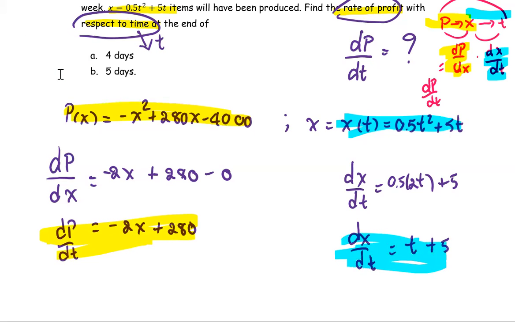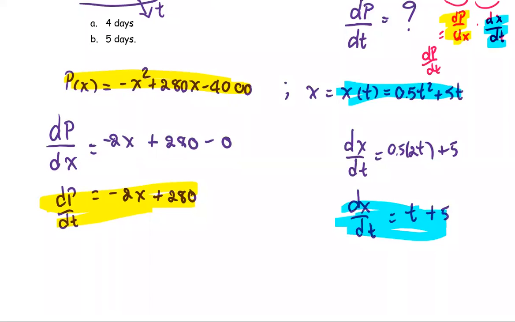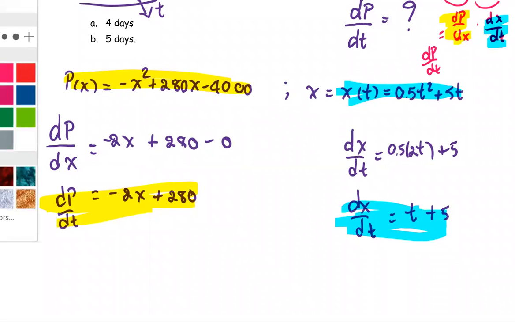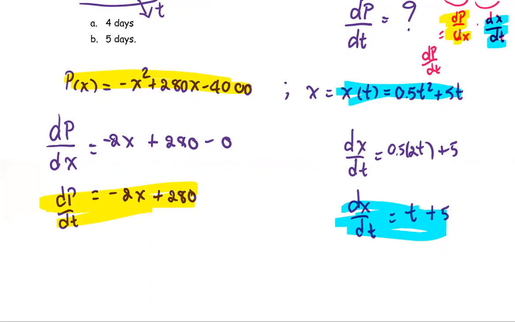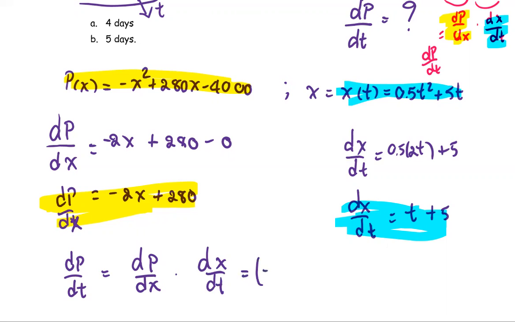Now I'm going to multiply them using the first form of the chain rule. So my chain rule to find dp/dt is the product of dp/dx multiplied by dx/dt. And what is my dp/dt? Negative 2x plus 280, multiplied by dx/dt, which is t plus 5.